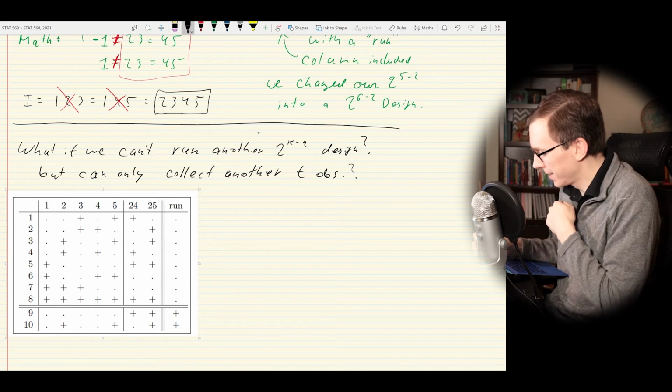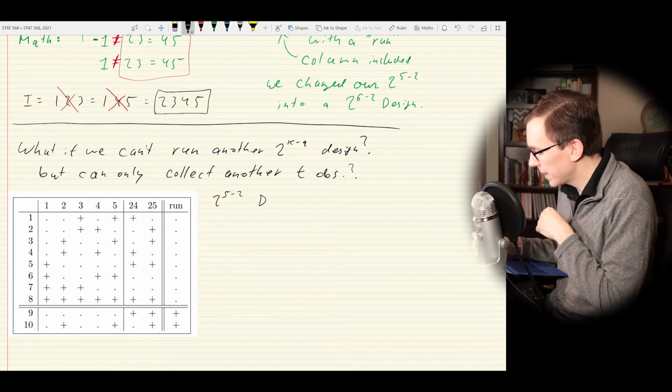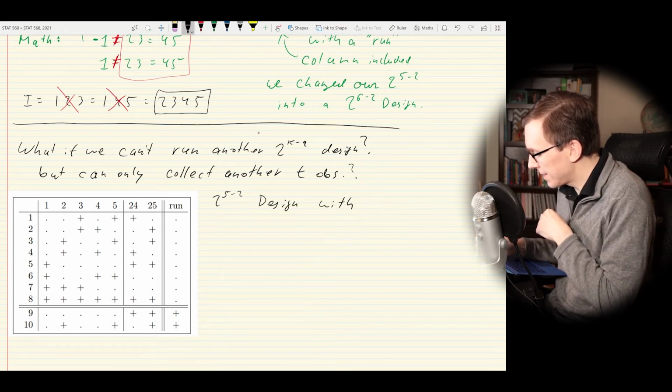So here we have a 2 to the 5 minus 2 design with, let's say, t is equal to 2.